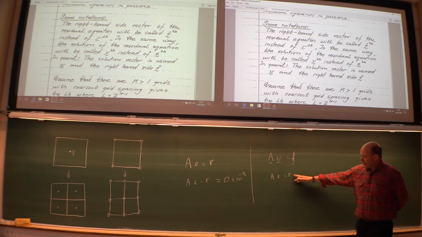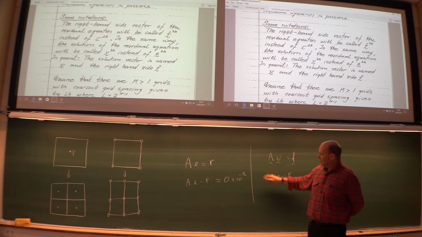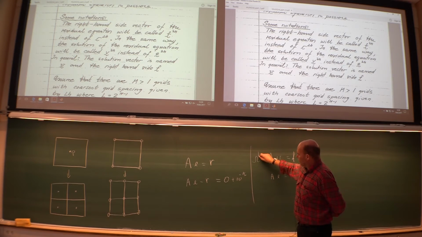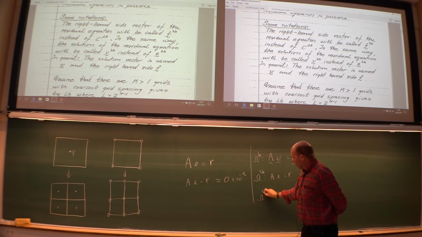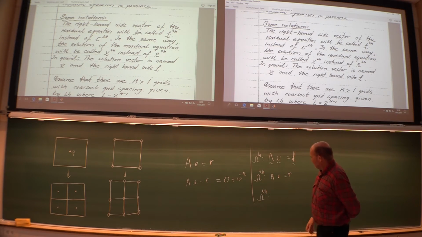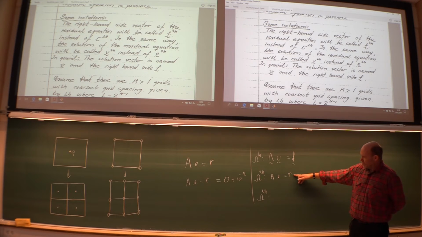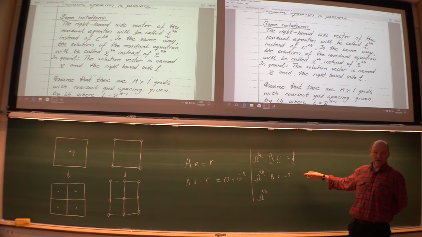And from this equation, if you are going into an even coarser mesh, so this is H, omega 2H, omega 4H, and so on, then from this equation you now create a new residual, but then you will have the residual of the residual. You're going to get crazy to understand what you are talking about here.